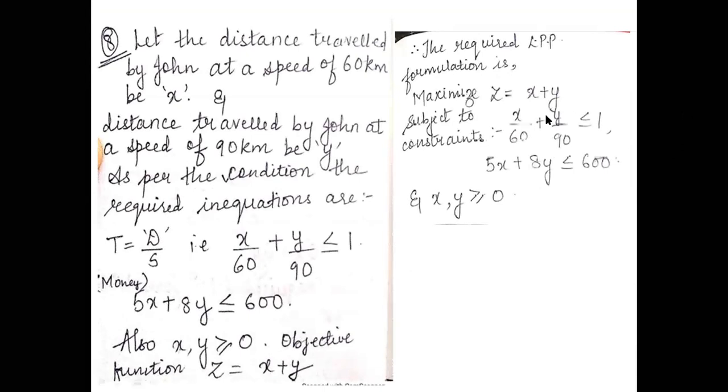We had got these two inequations in that case. Now pay attention to how we solved them. I took the first inequation, x upon 60 plus y upon 90 less than or equal to 1. Now in this case, the inequation is a fraction, so first we have to rationalize and make the denominators common.